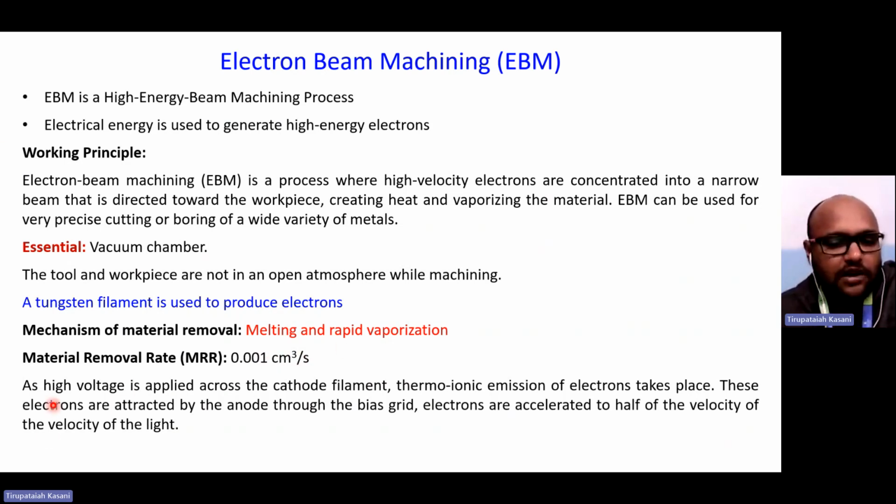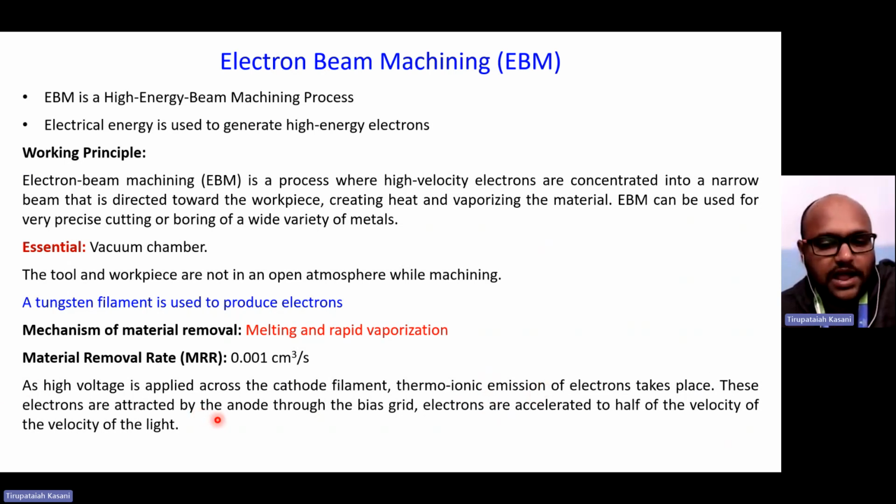As high voltage is applied across the cathode filament, that is the tungsten filament, thermionic emission of electrons takes place. Thermionic means thermal energy, ionic emission. The filament gets heated up, thermal energy, and then ionic emission, ions get released. That is negatively charged particles called electrons.